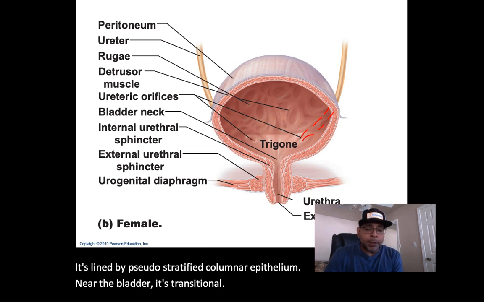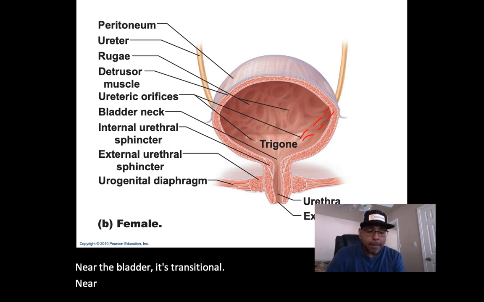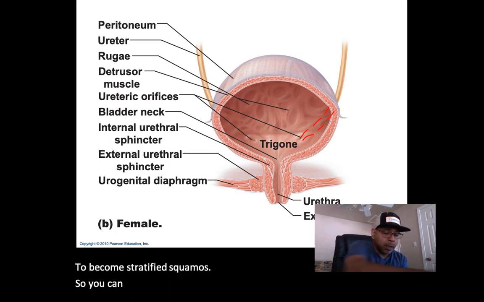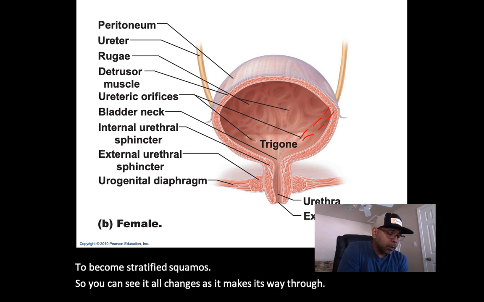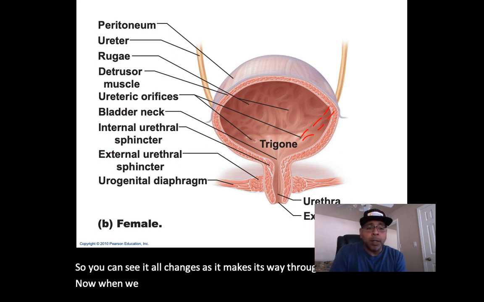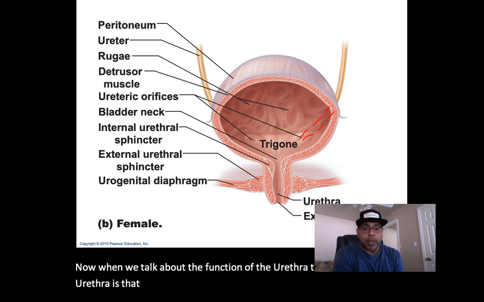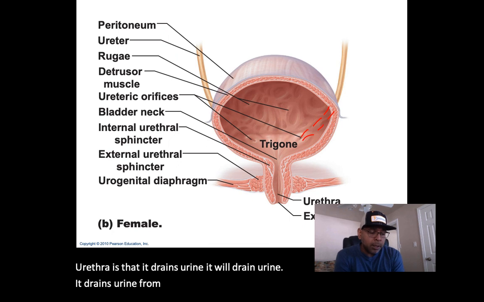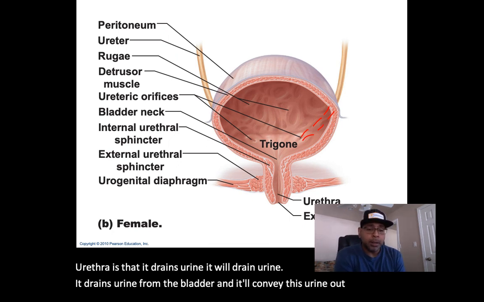And near the external opening, it becomes stratified squamous. So you can see it all changes as it makes its way through. Now, the function of the urethra is that it drains urine. It will drain urine from the bladder, and it'll convey this urine out of the body.